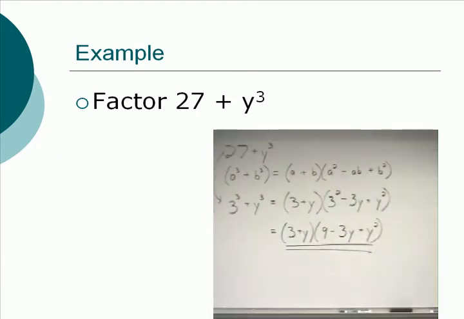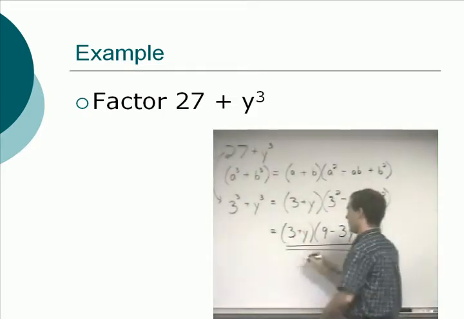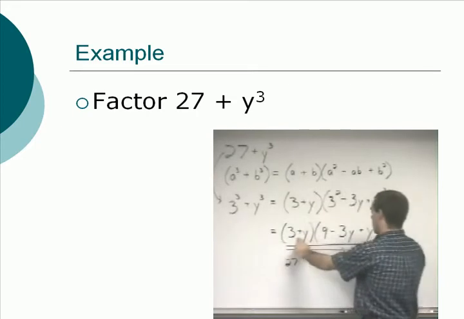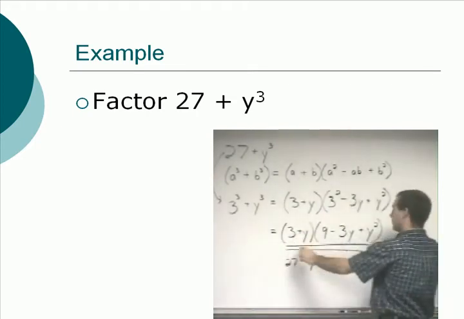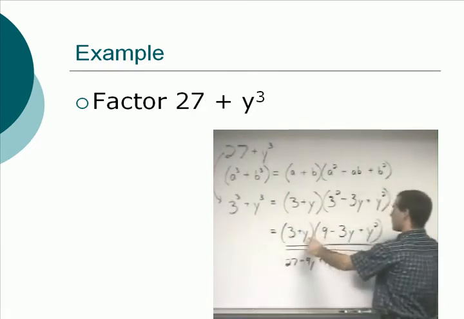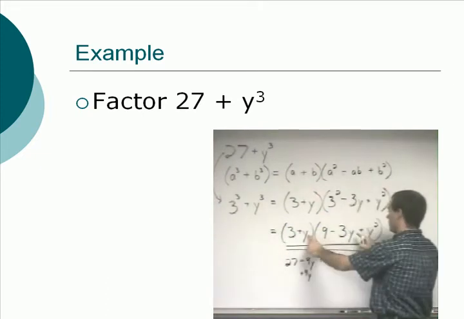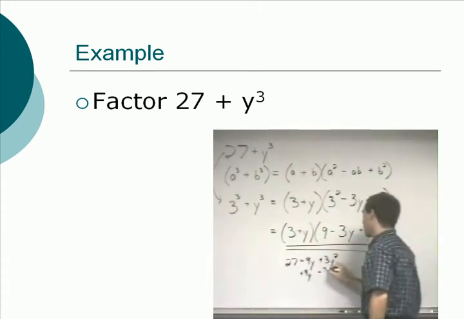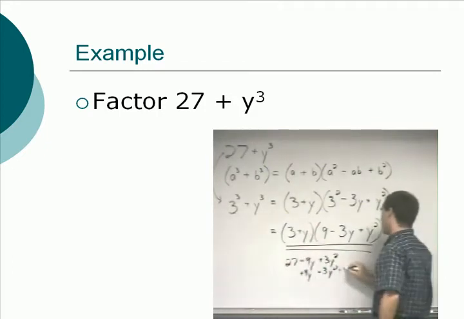Now, this is a quick one to check. Let's make sure that we've got it factored right. Let's multiply this out. Your first term is 27 minus 9y plus 3y squared plus 9y minus 3y squared plus y cubed.